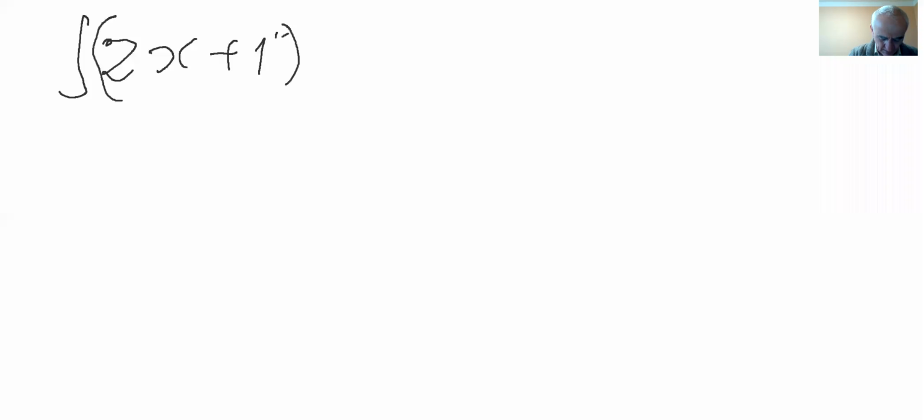For example, we have the integral of (2x plus 1) to power 3 dx. Do you have any idea how to solve this integral, how to find this integral?